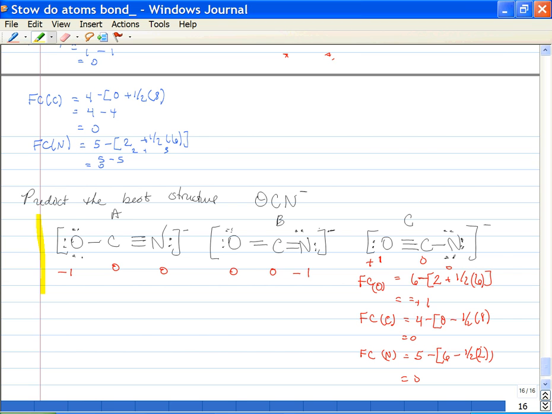We don't like to see positive charge on oxygen ever. This negative charge here is sitting on nitrogen, and it should probably be on oxygen because oxygen is more electronegative. Oxygen likes electrons a lot more than nitrogen. So the structure that is most stable would be the one where oxygen has that extra electron density itself.